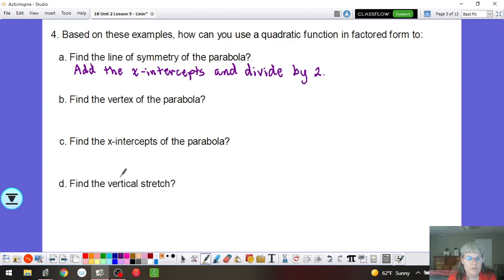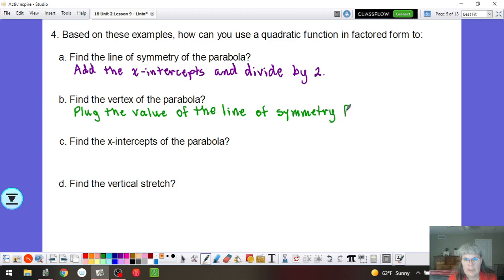To find the vertex of the parabola, plug the value of the line of symmetry in for x, and simplify.